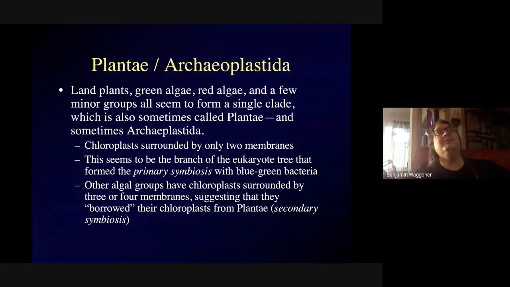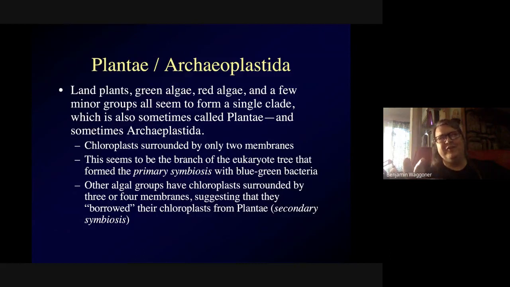There's one called the cryptomonads, in which the chloroplast is actually surrounded by 4 membranes, and it's got a trace of the host nucleus. Well, it's got a nucleus of its own, and it's got a trace of a eukaryote nucleus and a chloroplast DNA, meaning that it's basically descended from a eukaryote.